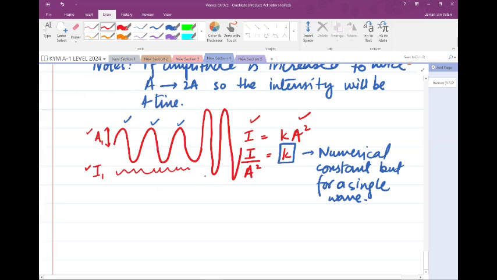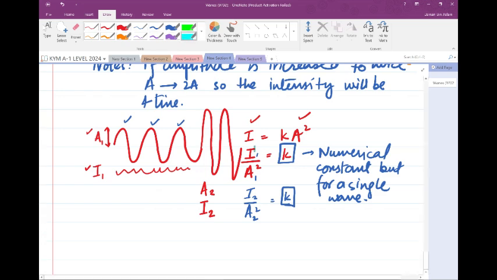Now that I have changed the amplitude of the wave, let's call this A2 and the intensity I2. So I can simply make the equation that I1 over A1 square was equal to K. So I2 over A2 square is also going to be K. As I am talking about the same wave, only with a different amplitude, it's not a different kind of wave. So the K is going to stay constant for both the cases.